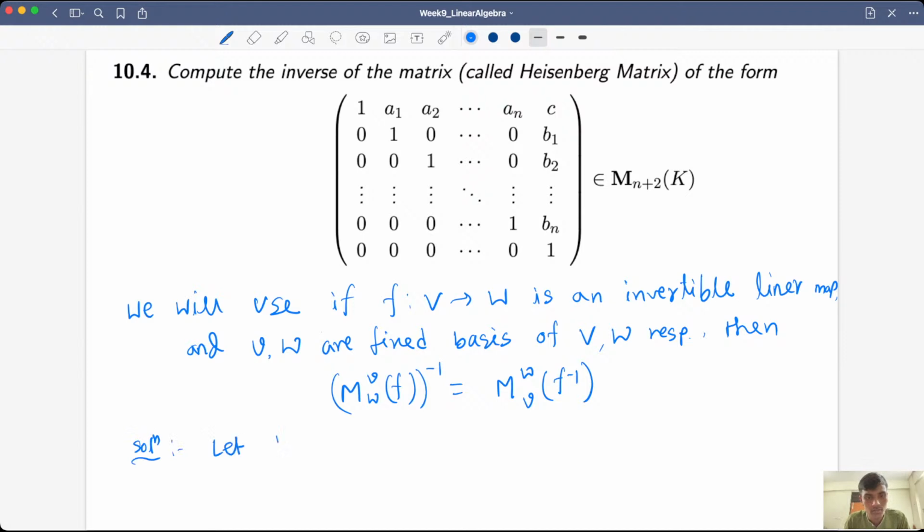Let V equal to v1, v2, and so on. This is an n plus 2 matrix, so the dimension of V, whatever I consider, should be n plus 2, right?